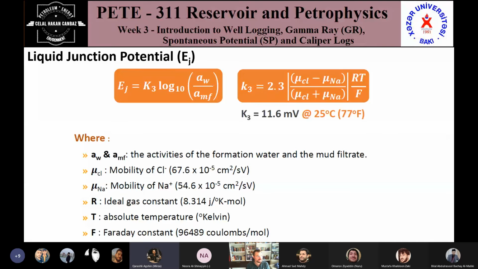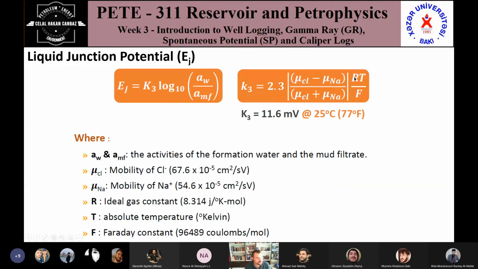Okay, so here what happens? Mobility of chloride is a parameter, and mobility of sodium. Mobility of chloride minus mobility of sodium, divided by mobility of chloride plus mobility of sodium. The ratio of this one, and 2.3 is a constant in the formula.